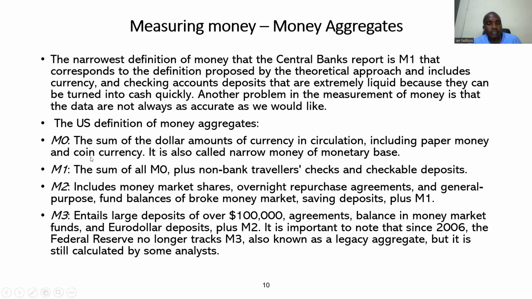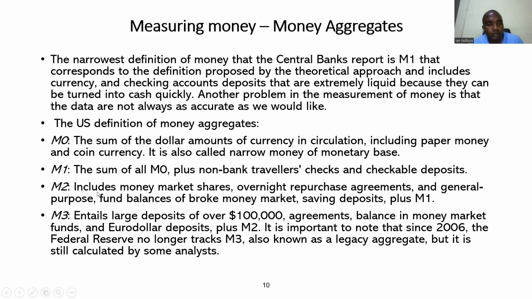So M1, which includes this M0, it's actually notes and coins. But in the United States of America, M1 includes non-bank travelers checks and checkable deposits.